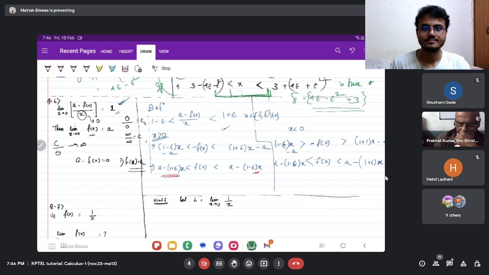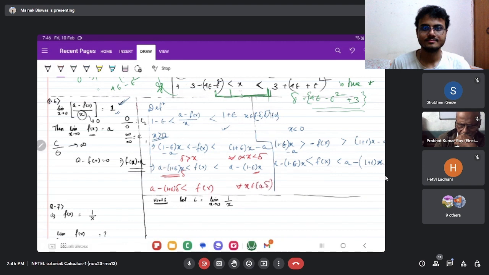If I put delta here, this is true for all x between 0 and delta. If I put delta in x on the left hand side instead of x, this is a larger number. Delta is greater than x, right, in this range. So minus delta would be lesser than that. So do you agree that 1 minus 1 plus epsilon delta would be this for all values of x between 0 and delta?